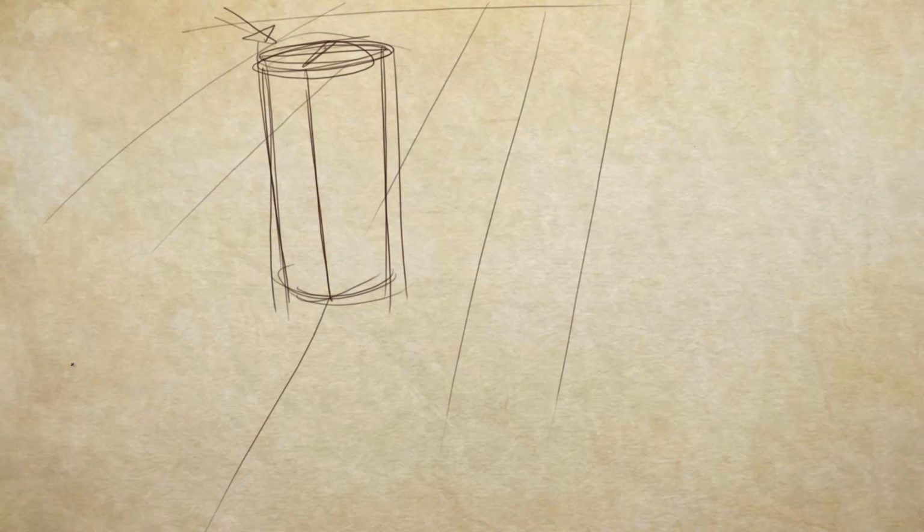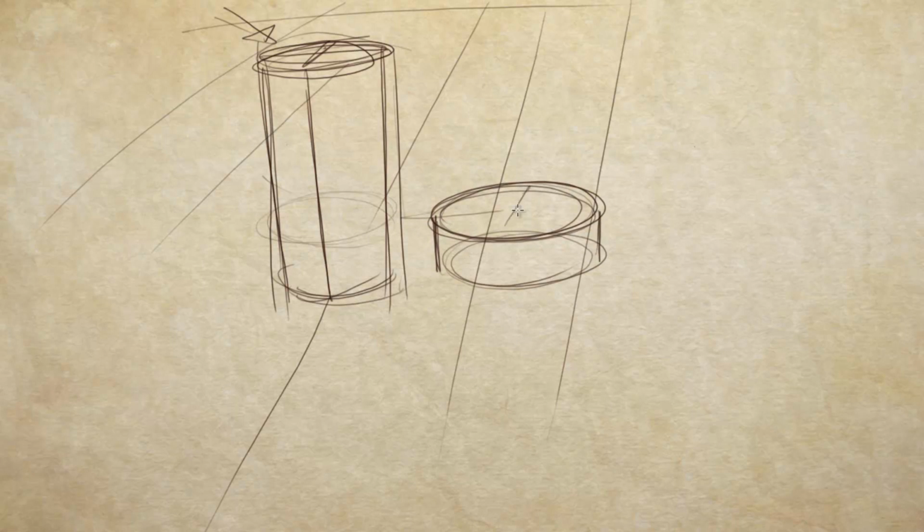We can look down on the cylinder, so our horizon is up here somewhere. Now, if it was more down, you would see more of that oval, right? This is smaller, this is bigger. Same thing's going to happen with the mouth.